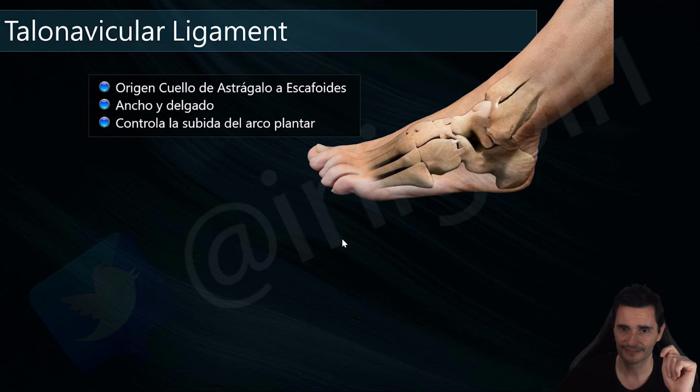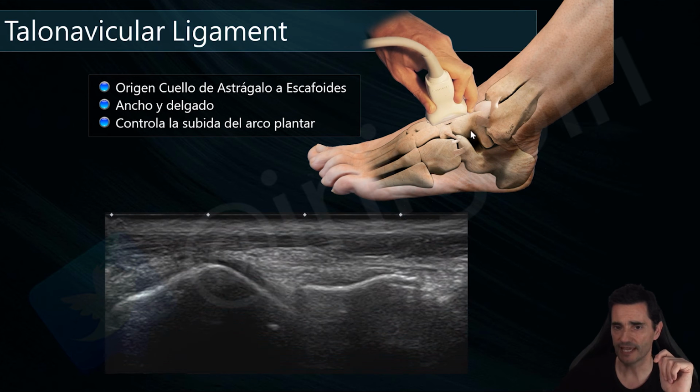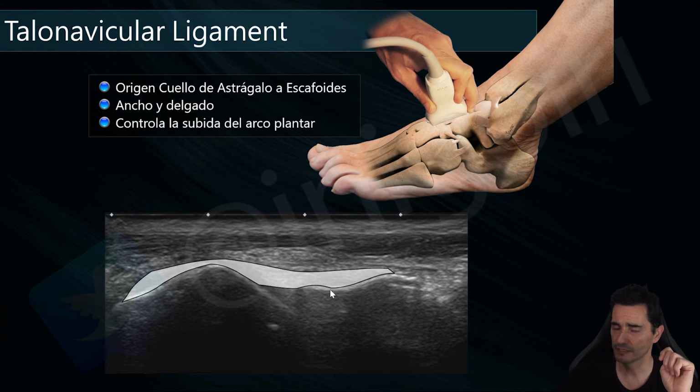Again, we place the probe in this axis. I usually start at the tibia, I go distal, I check the anterior recess till we reach the head of the talus, and between the head of the talus and the navicular bone, all this structure here, this is the talonavicular ligament.